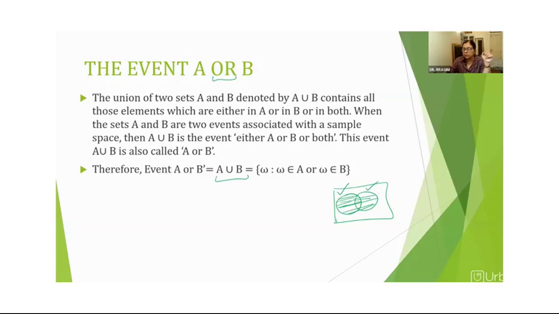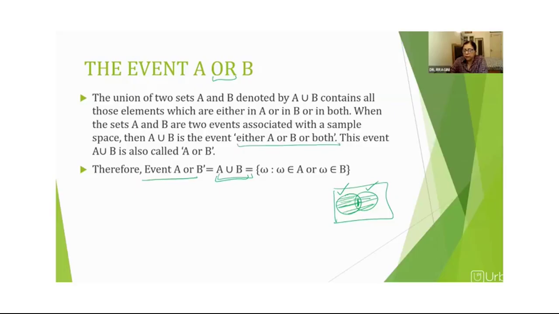A or B means that something in the common portion, you can still keep it in A or in B; it will be written once, whether you take it in A or B. So actually it is A union B, nothing else. When the sets A and B are 2 events associated with a sample space, then A union B is the event either A or B or both.